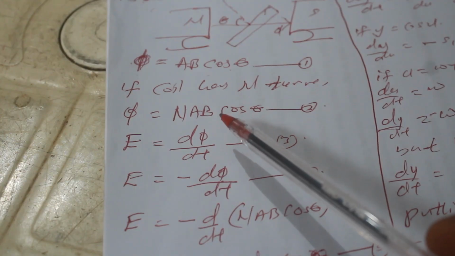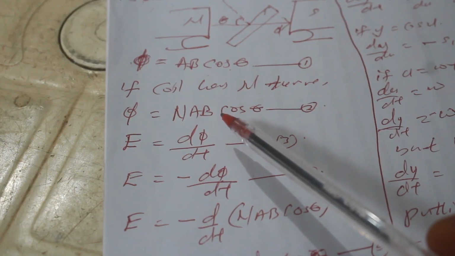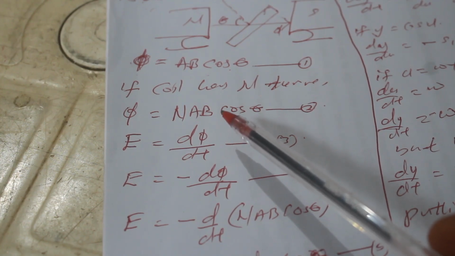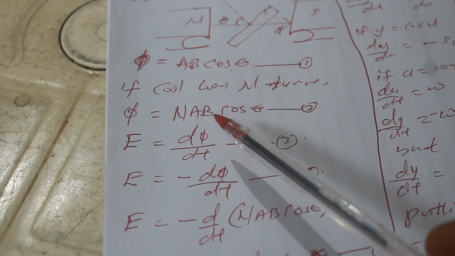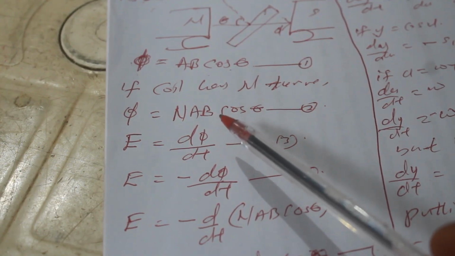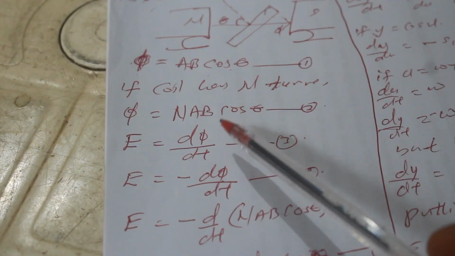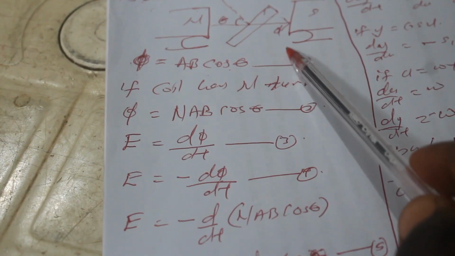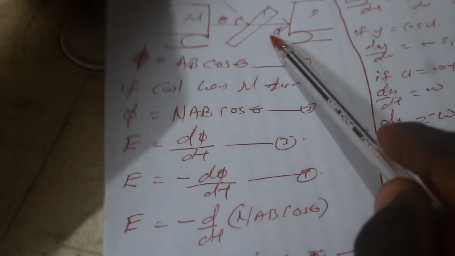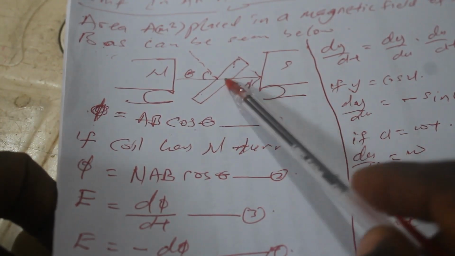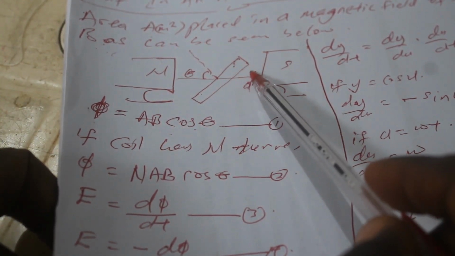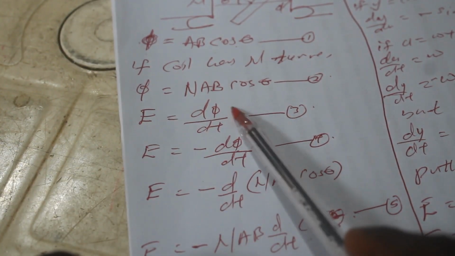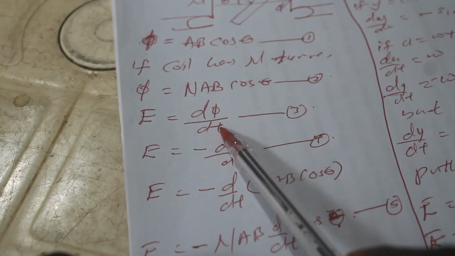Faraday's law states that when you have a coil placed in a magnetic field, the induced EMF in that coil is directly proportional to the rate of change of magnetic flux, which is how quickly this coil cuts the magnetic field lines. And that's what you have in this equation: E is equal to delta phi over delta t.